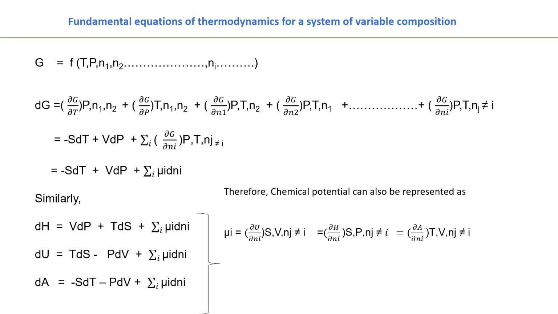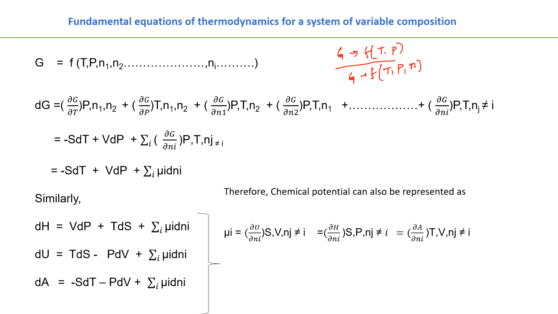For a closed system, we know that G is a function of T and P. But whenever we are considering the system of variable composition, then we need to consider G as a function of temperature, pressure, and also the number of moles of the components in the mixture.